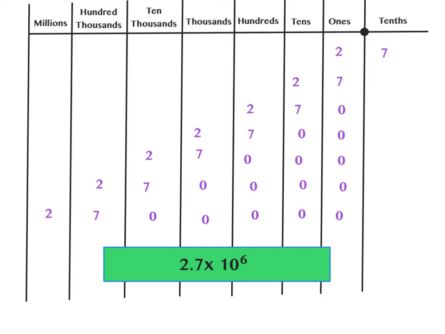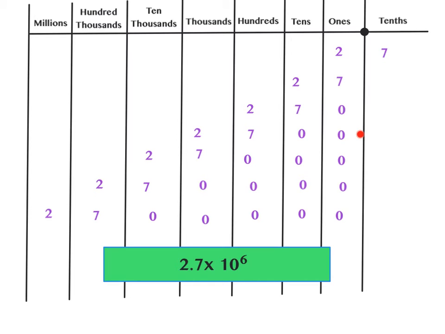While those numbers are shifting to the left, the decimal point is shifting to the right to create a larger number. So here we see 2.7 times 10 to the 6th. When we multiply it by 10 one time, we get 27. When we multiply it by 10 times 10, or 100, we get 270.